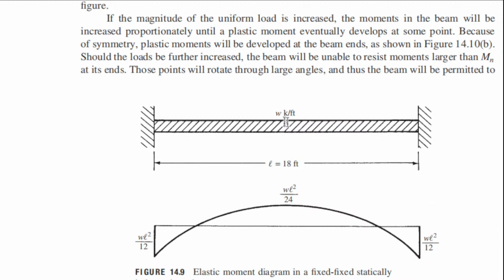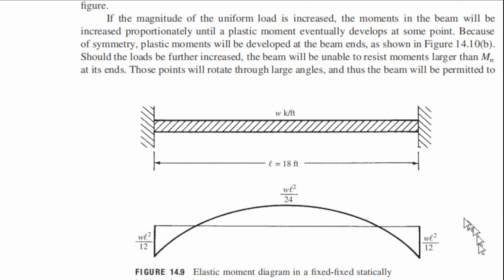Now, if we double this, it becomes 4, and we expect the moment to double. 54 times 2 will become 108. That is what we mean by proportional. If we double this one, expect double. You can test it in your calculator. Substitute 4 times 18 squared divided by 12. That is 108.